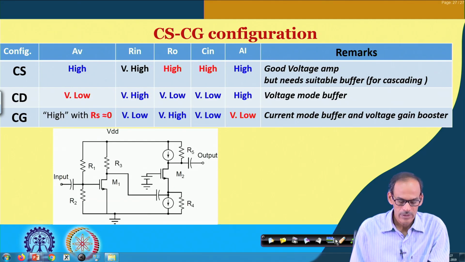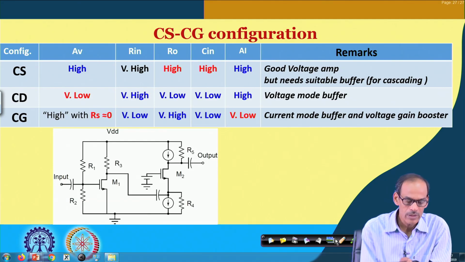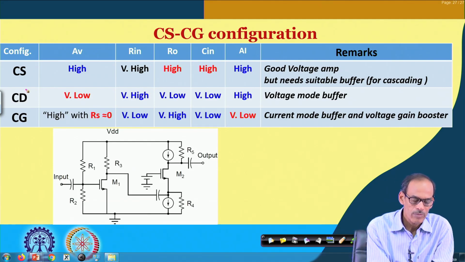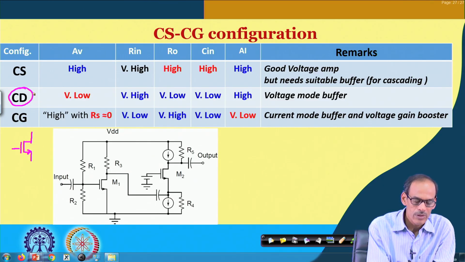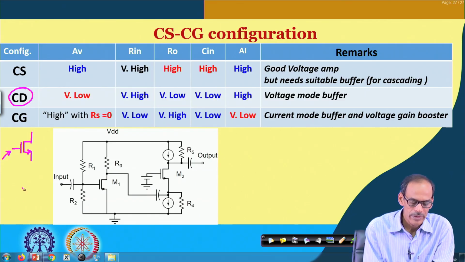Before I go into that, I would like to say that when we talked about the CC amplifier, we said that circuit is referred to as the emitter follower. Likewise, consider the common drain stage, where we give the input at the gate and observe the output at the source, and the drain node is typically connected to the supply voltage.